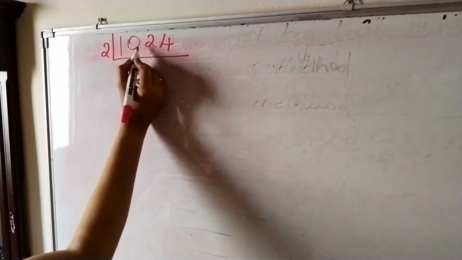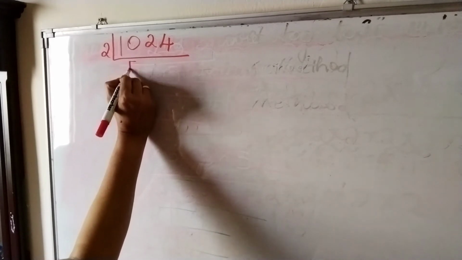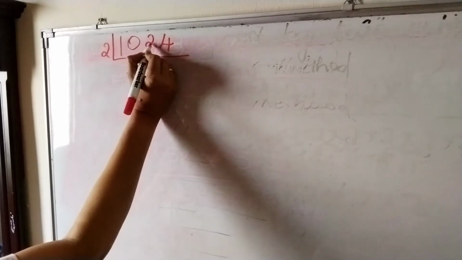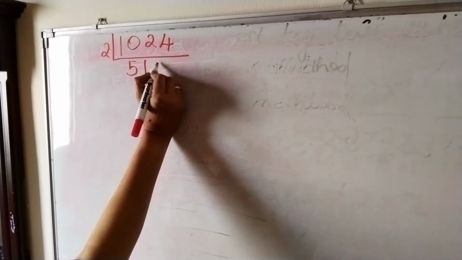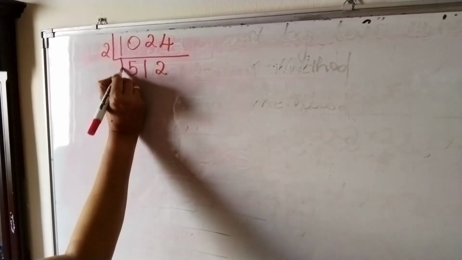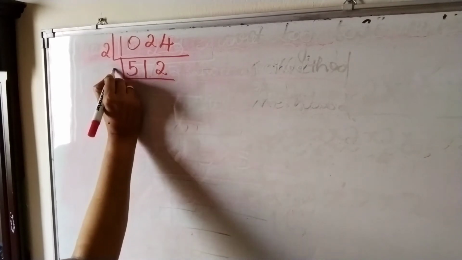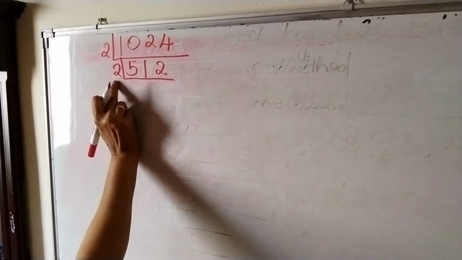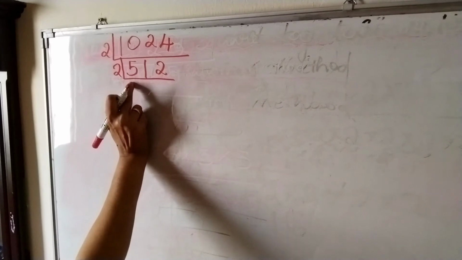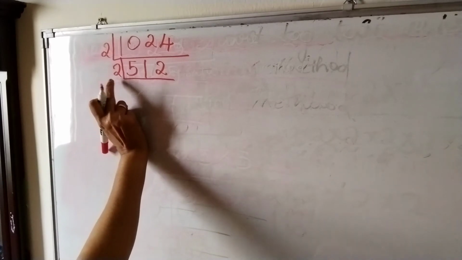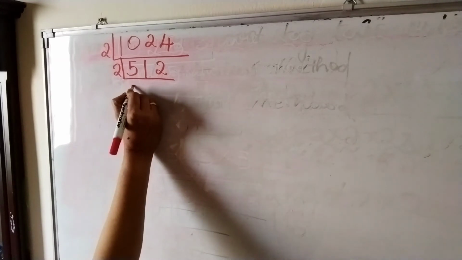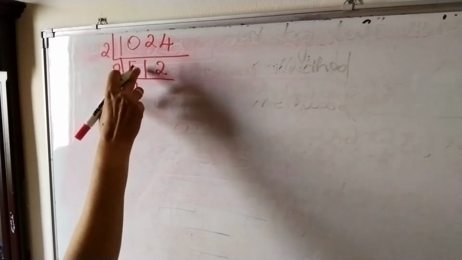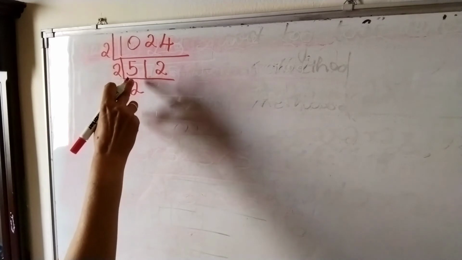How many times does 2 go in 10? 5 times. How many times does 2 go in 2? Only 1 time. How many times does 2 go in 4? 2 times. 2 twos are 4. Then again 2 will go. How many times does 2 go in 5? 2 twos are 4. Then remaining you get 1. 11.